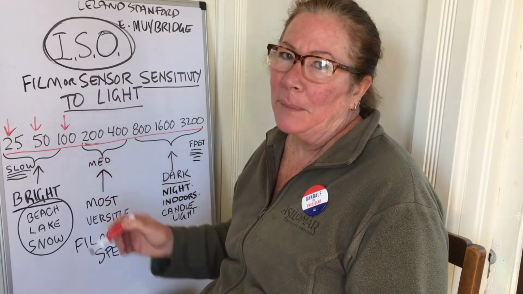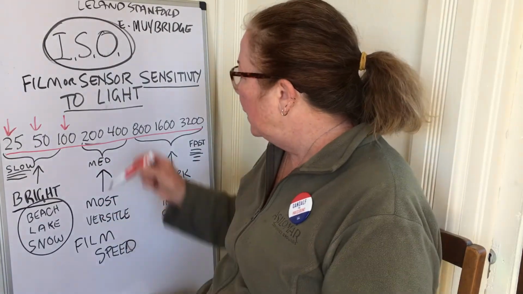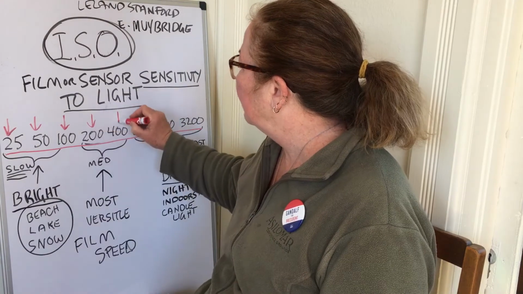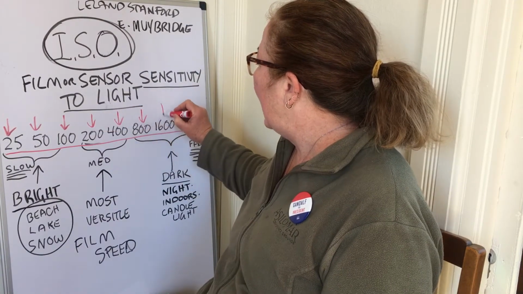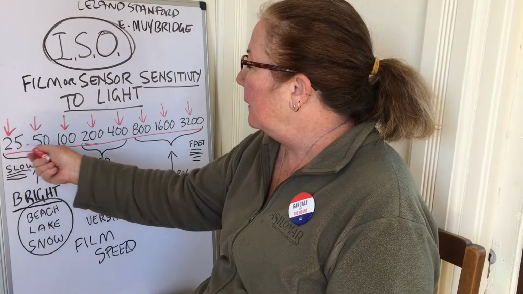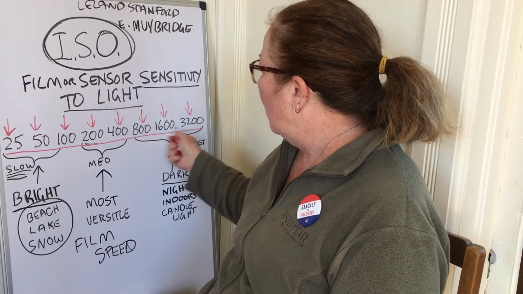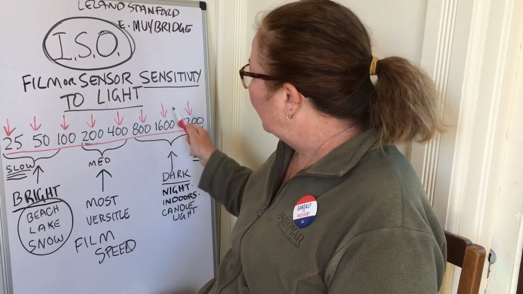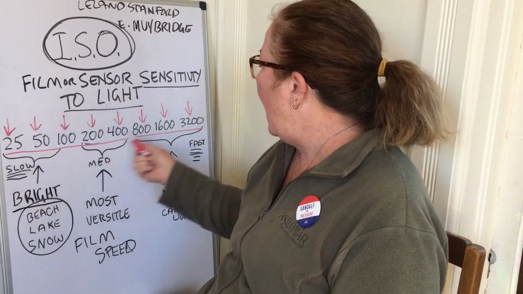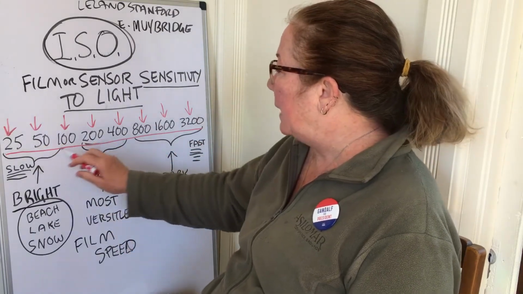I say kind of because they're not stops, but they can act as stops in photography, and each one is either doubling or halving the film sensitivity to light. And the numbers reflect that.